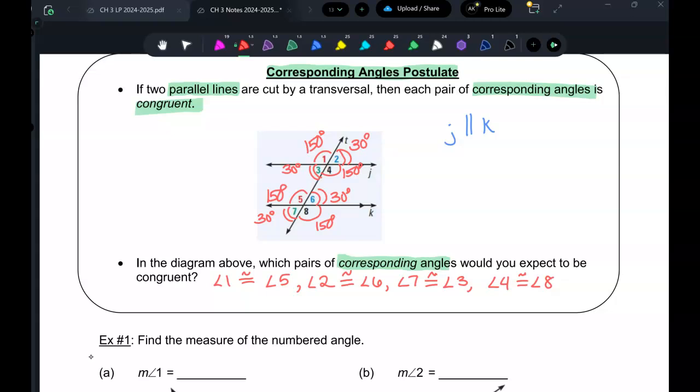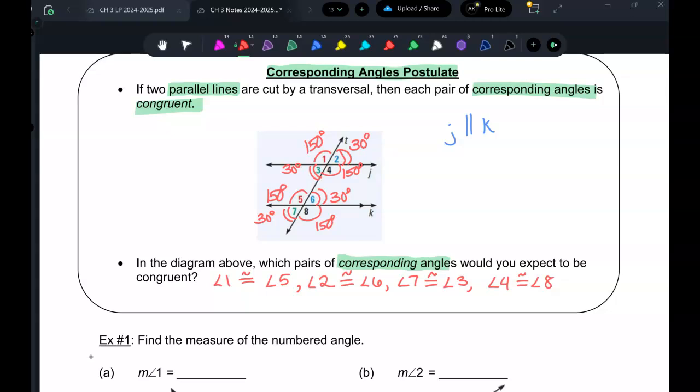But what needs to be true? What about the lines? Parallel. Okay? How do you find out? They have an extra line.